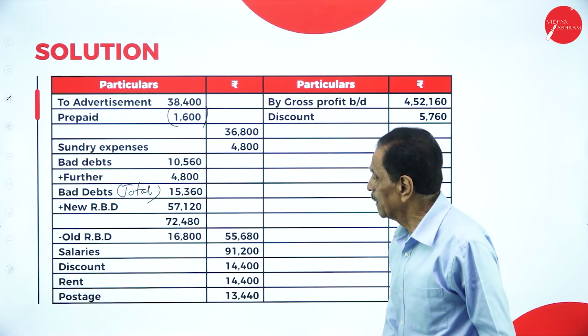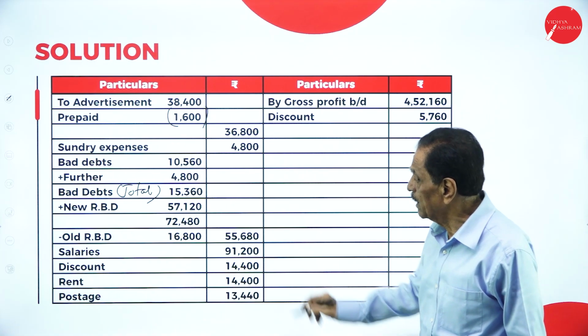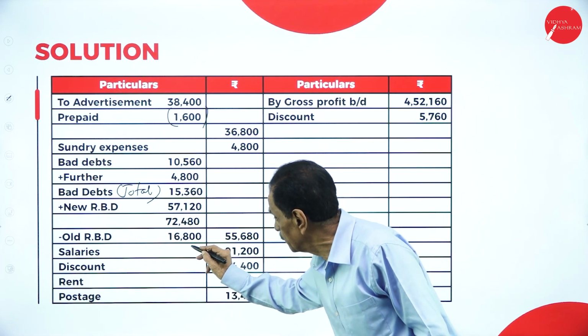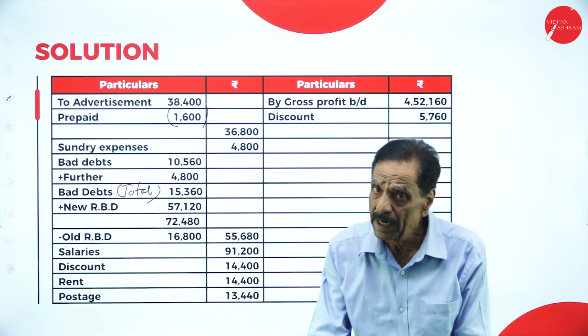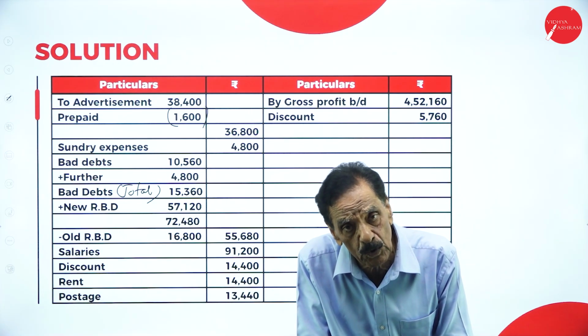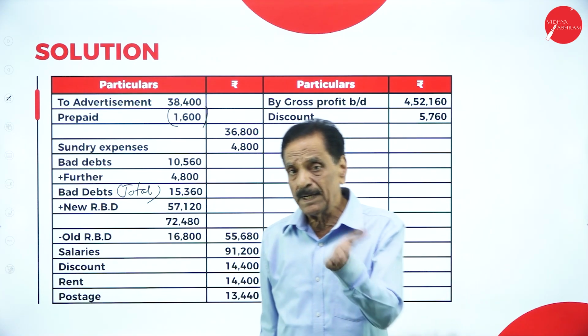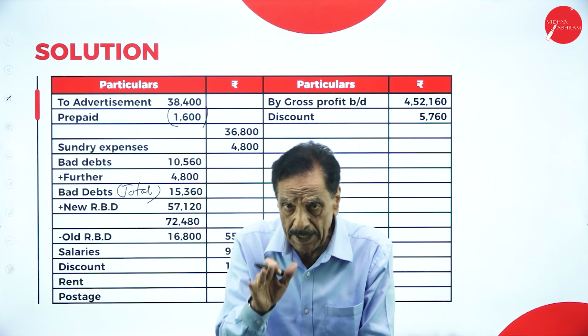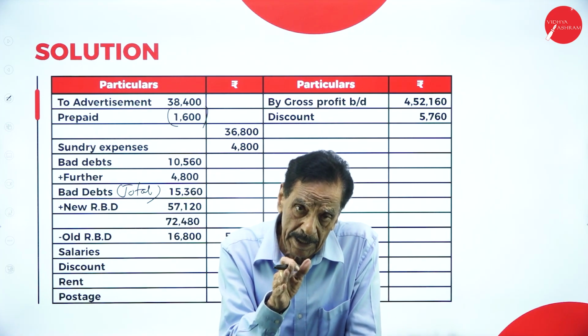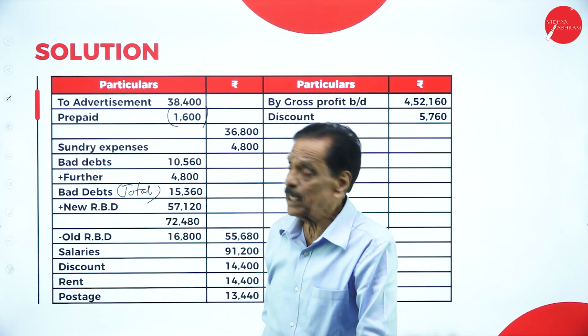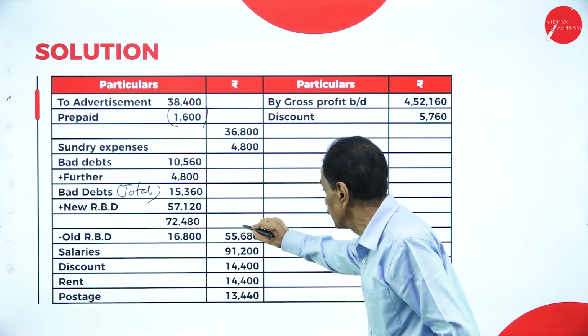Total bad debt 15,360 plus new RBD minus what's the formula? Bad debt plus new RBD minus old RBD. If the bad debt is given in adjustment, bad debt, add further bad debt plus new RBD minus old RBD.